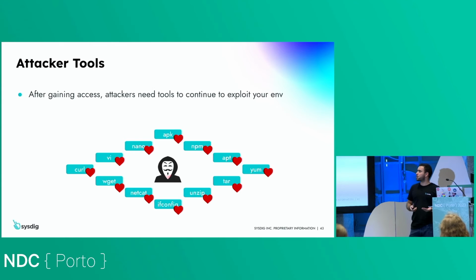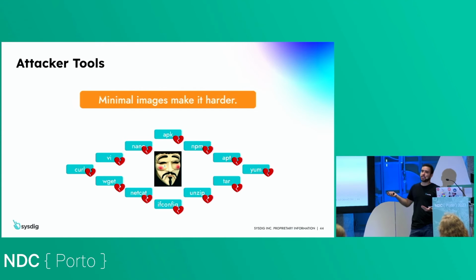So they love those tools, and by having a minimal image, you're just going to break their hearts and make their lives harder. Again, it's like avoiding a thief robbing your bicycle: it's basically the easiest lock to break. So just make sure yours is not the easiest lock to break.